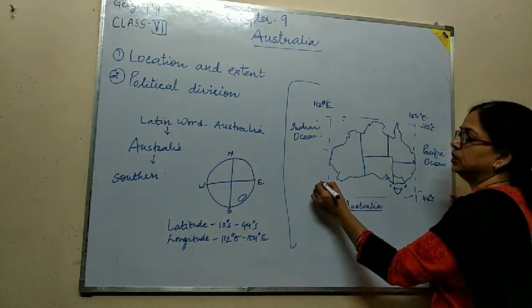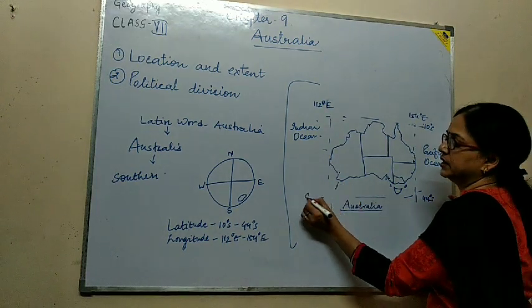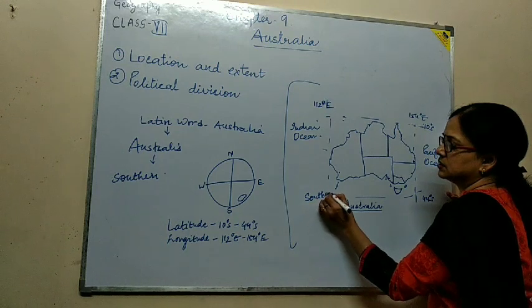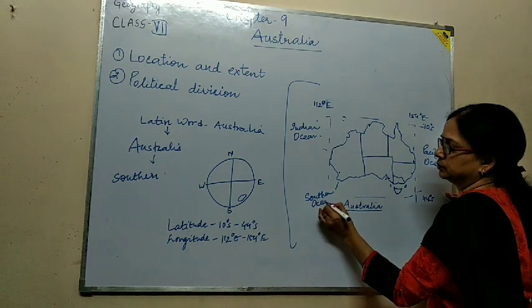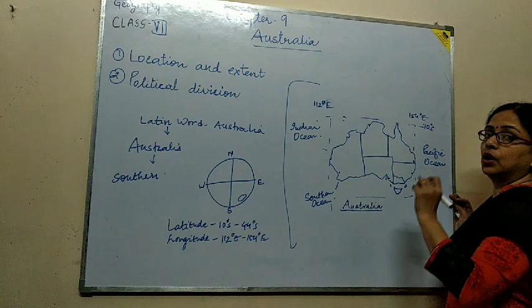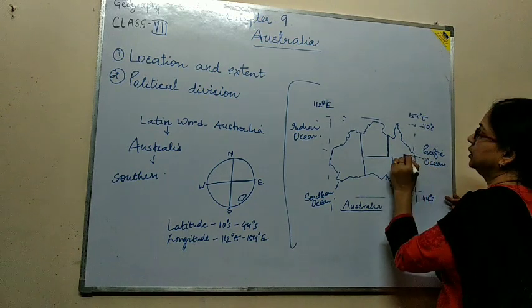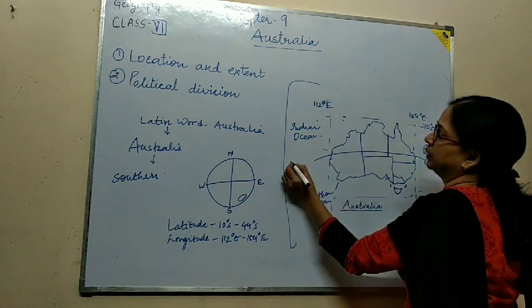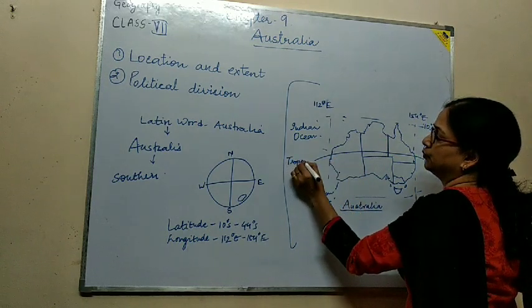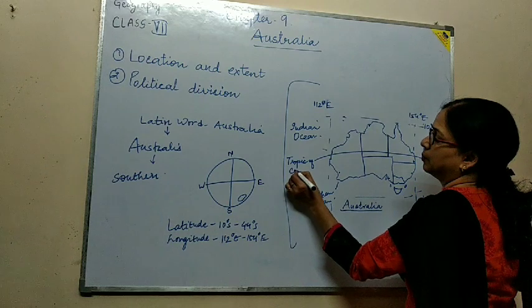This Indian Ocean towards the south side is named the Southern Ocean. The Tropic of Capricorn passes through the middle of the continent.